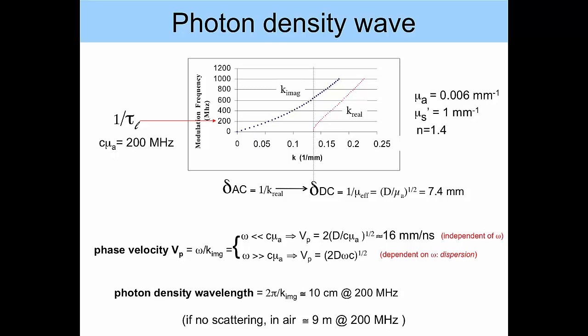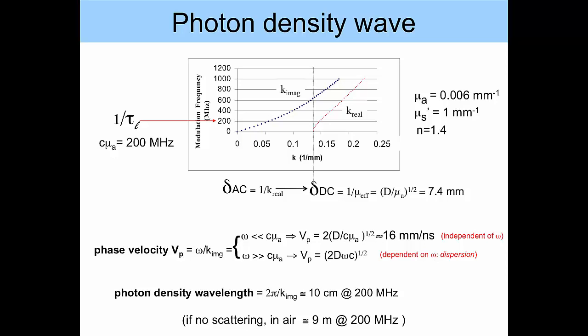So at low frequencies, 1 over Kr collapses to the DC penetration depth. So it just looks like a DC light source going into the tissue. But as I increase the frequency, the penetration depth is gradually diminished. So that's frequency sectioning of the tissue.